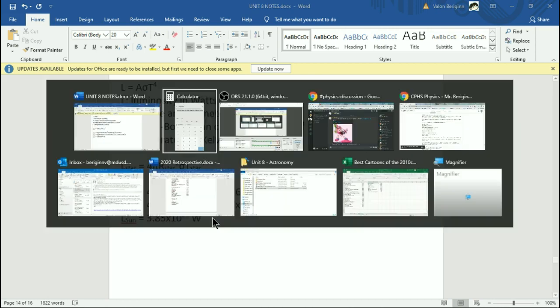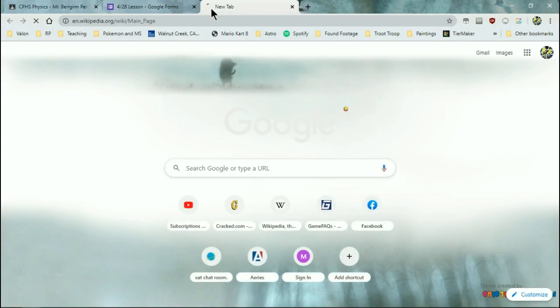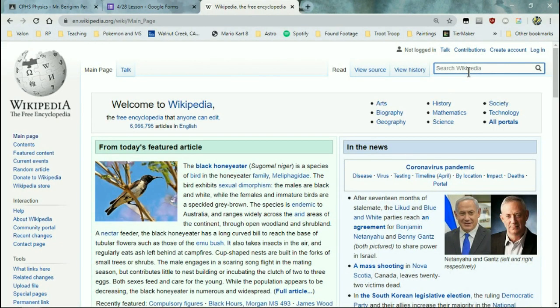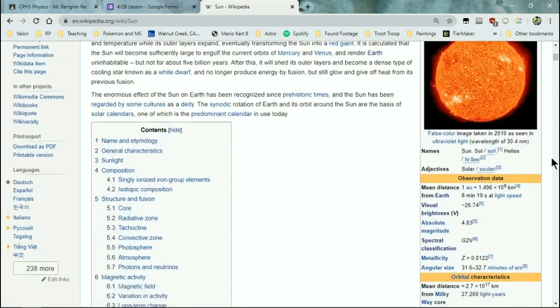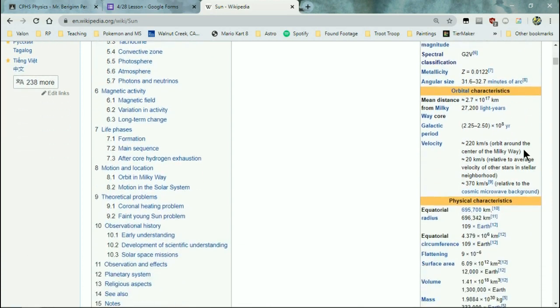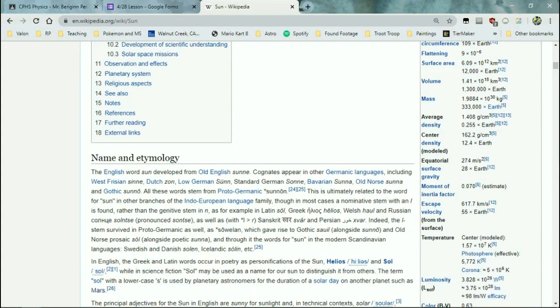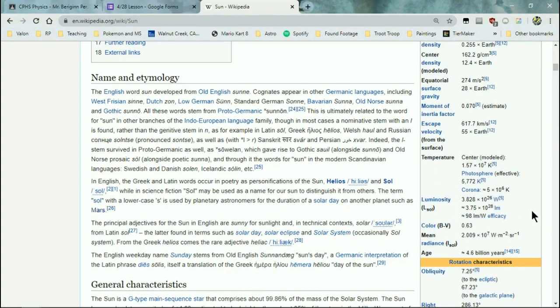I believe that's right. Let me actually double check this, make sure I'm doing this correctly. I believe it should be about that number. So let's just type in sun. And we go to... Luminosity: 3.828 times 10 to the 26.